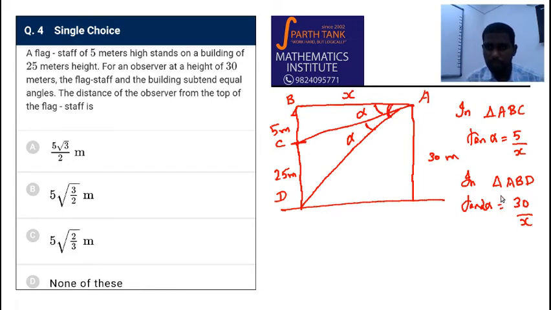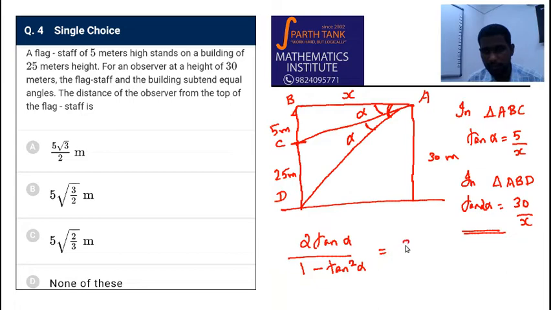Now you get the value of x if you manage to eliminate alpha between these two equations, which is very simple if you substitute the formula for tan 2 alpha in this equation. Now we know tan 2 alpha is nothing but 2 times tan alpha by 1 minus tan squared alpha. Now this is equal to 30 by x. All that is left for us is to substitute this equation 1 here.